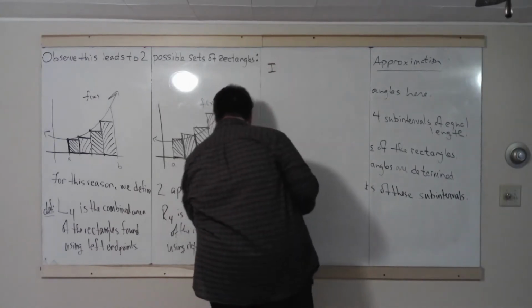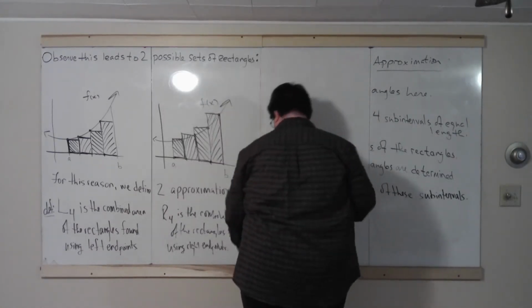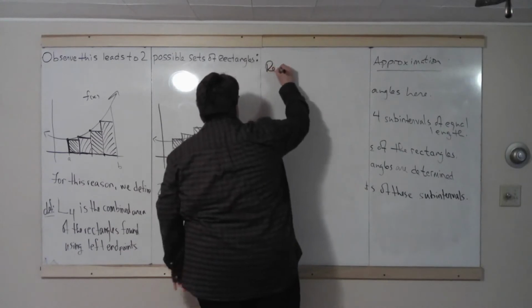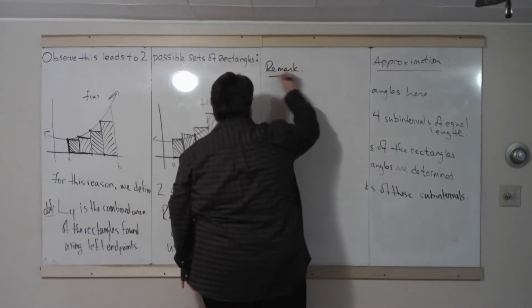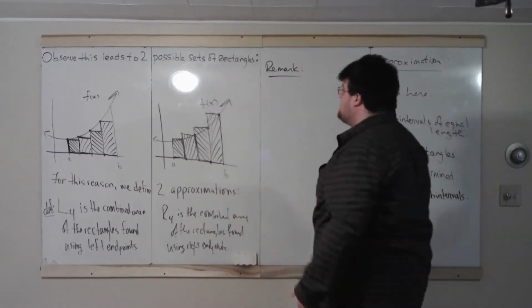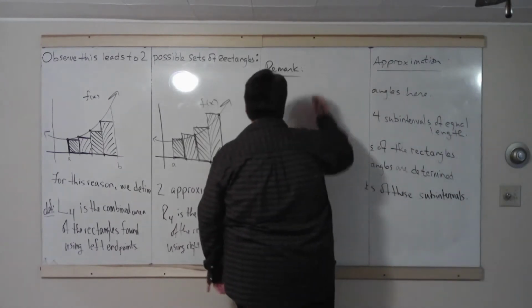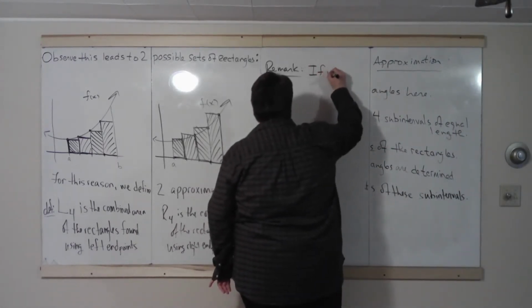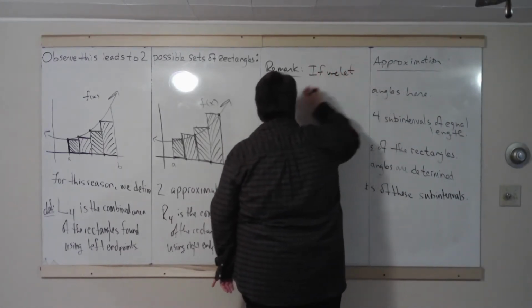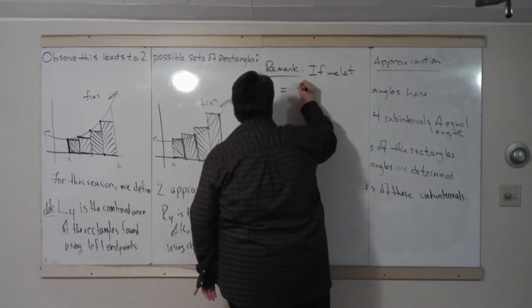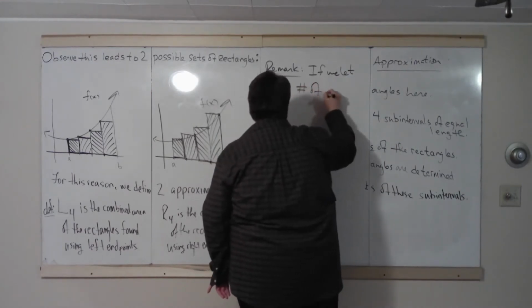So I'll say remark. So here we have 4 rectangles. But what happens in general? So let's say if we let n equal the number of rectangles.